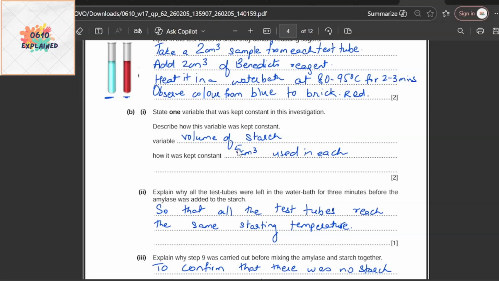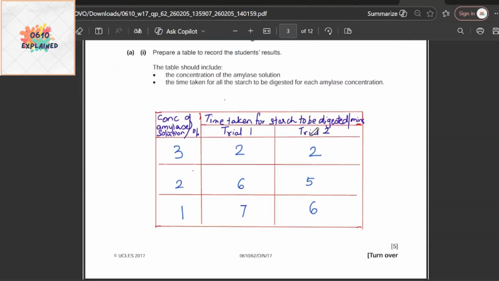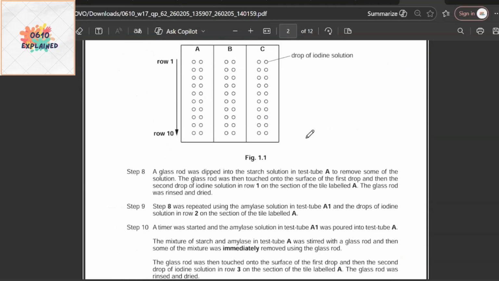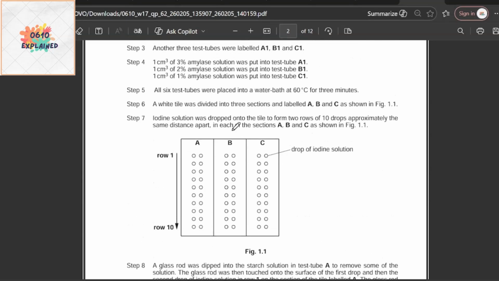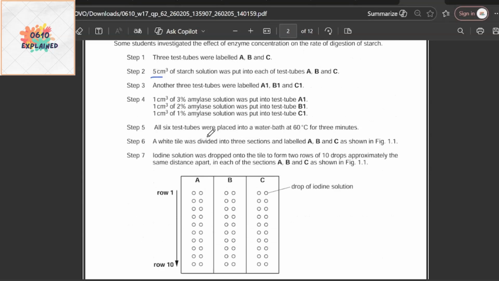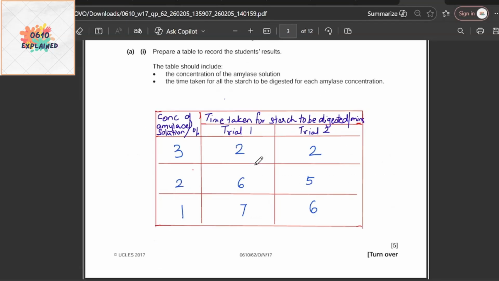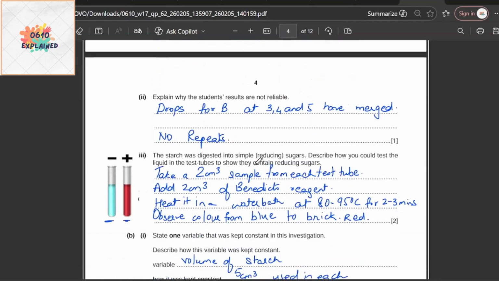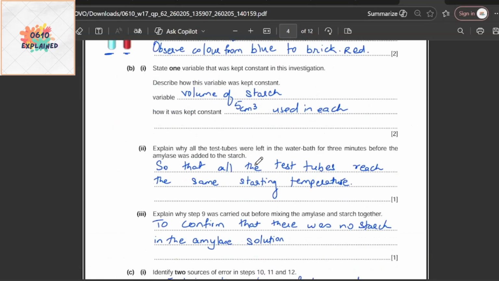The first thing we spoke about was the volume or the amount of starch solution, which was written in the question over here that it was 5 cm cube. Then the concentration of the starch solution could be another option. So the same concentration of starch was used each time the test would be repeated.